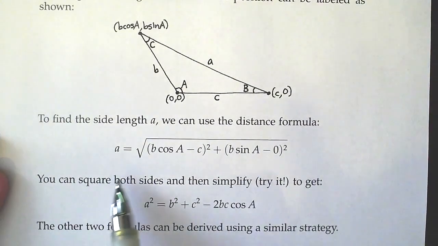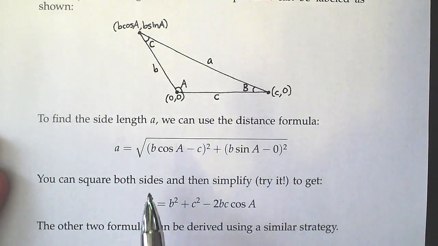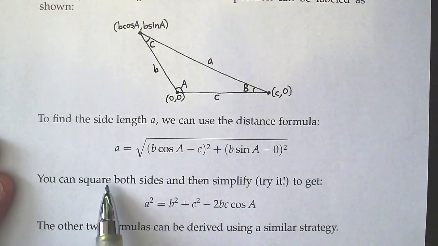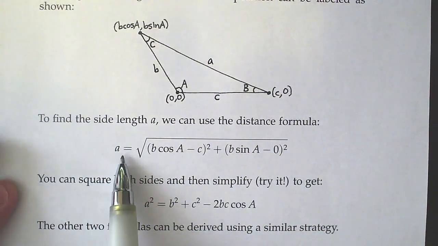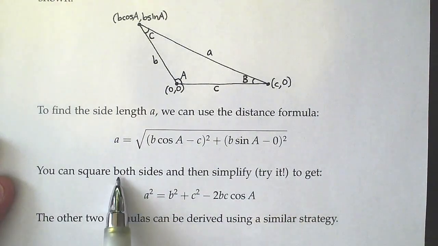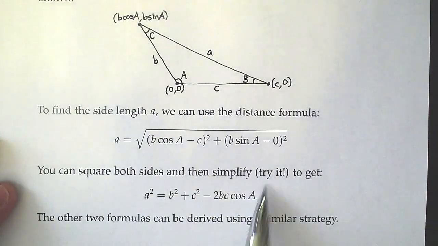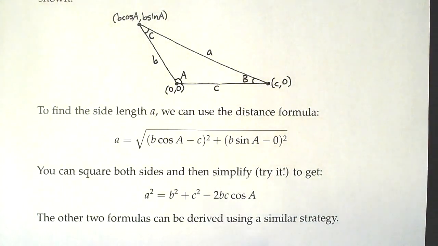And then it's suggested that in order to make it look more like the law of cosines, which is what we're trying to show is true, you would square both sides. So it's suggested that you try it, that you could square both sides and simplify, and it does, in fact, turn into the law of cosines. And the other two versions of it can be found using the same kind of strategy.